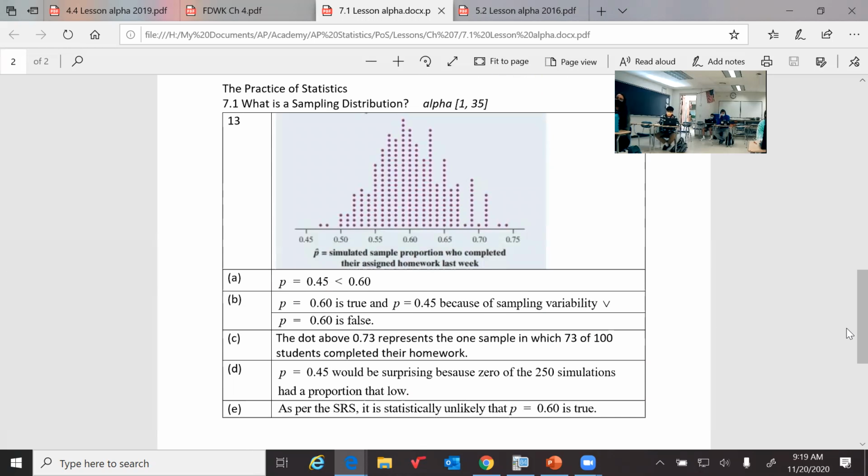So first off, what would happen? Well, if 60 were true, the true proportion, we could do a software simulation and it would look like this. And that is repeated. Now again, this is a proportion, so these are all P hats.